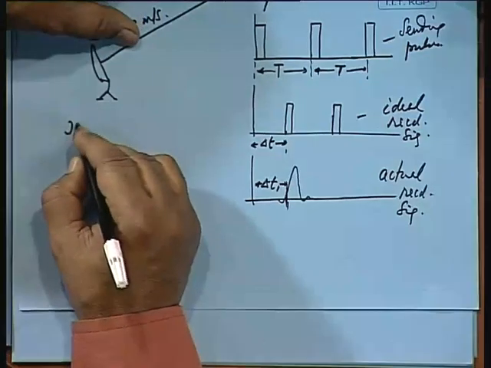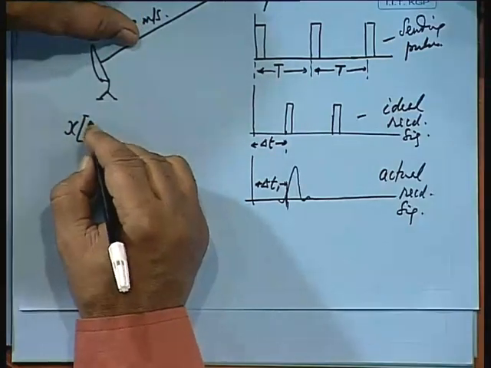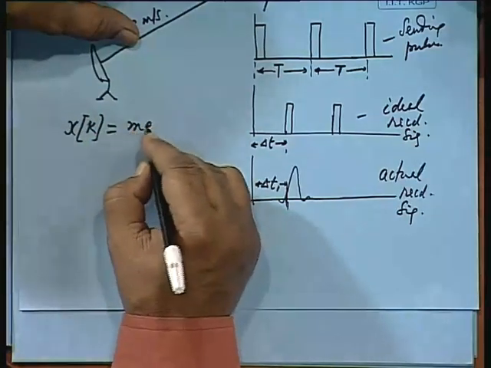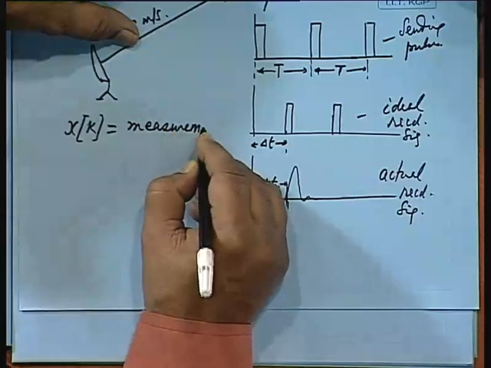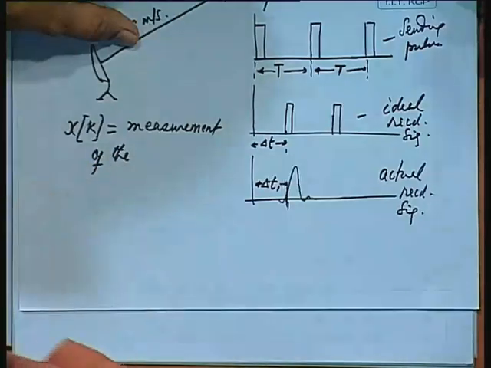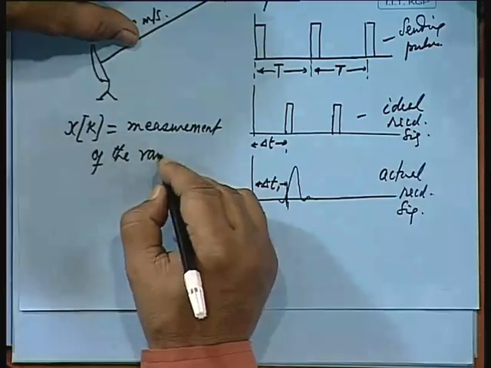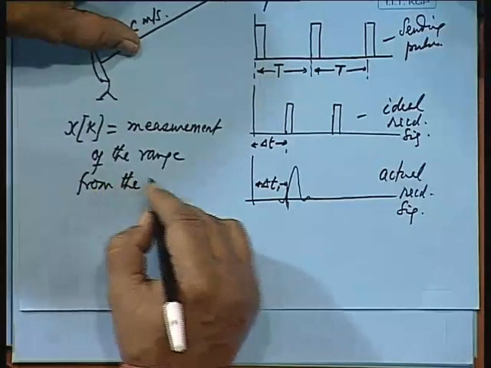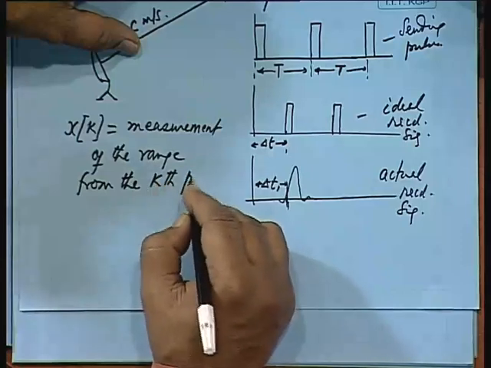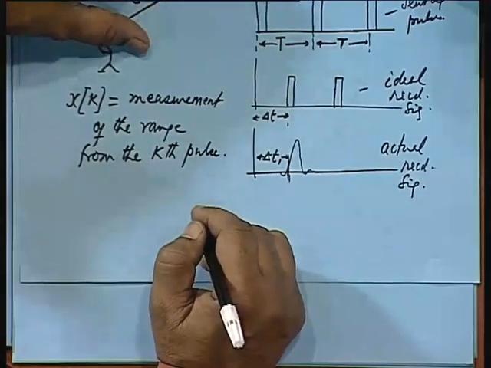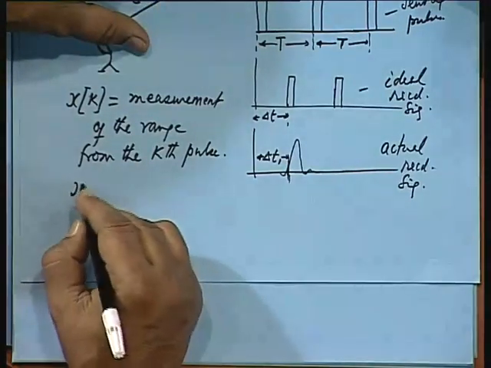Let us take x k as the measurement of the range from the kth pulse. Okay. So, what will be x k?